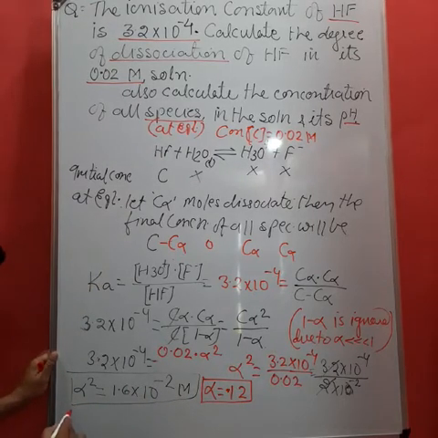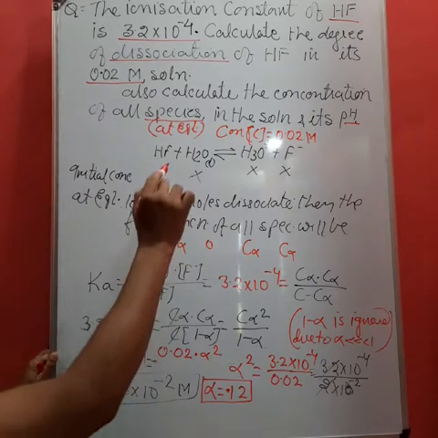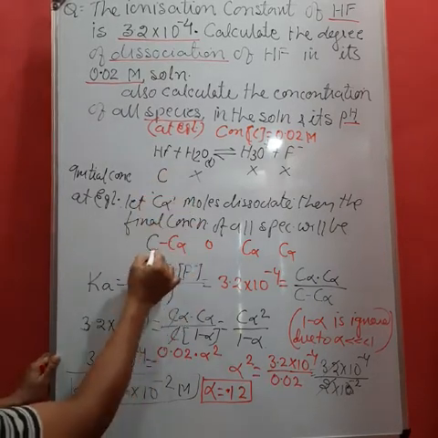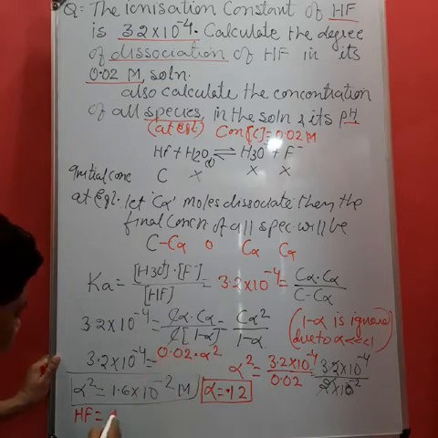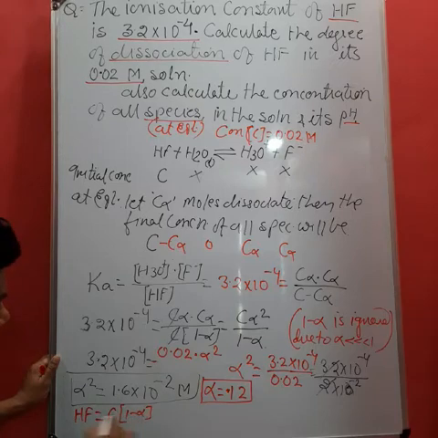Now what will be the HF value? The HF at equilibrium is C minus C alpha, which can be written as C into 1 minus alpha.